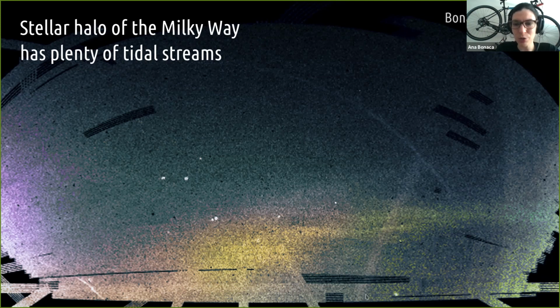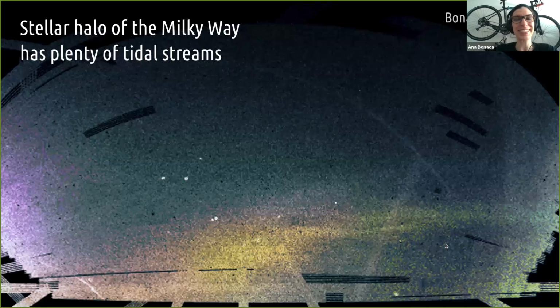But all of the streams that I mentioned actually have been confirmed as actual streams, with additional spectroscopic data to get their velocities and chemical abundances as well. Yeah, but it's a hard business finding stellar streams.